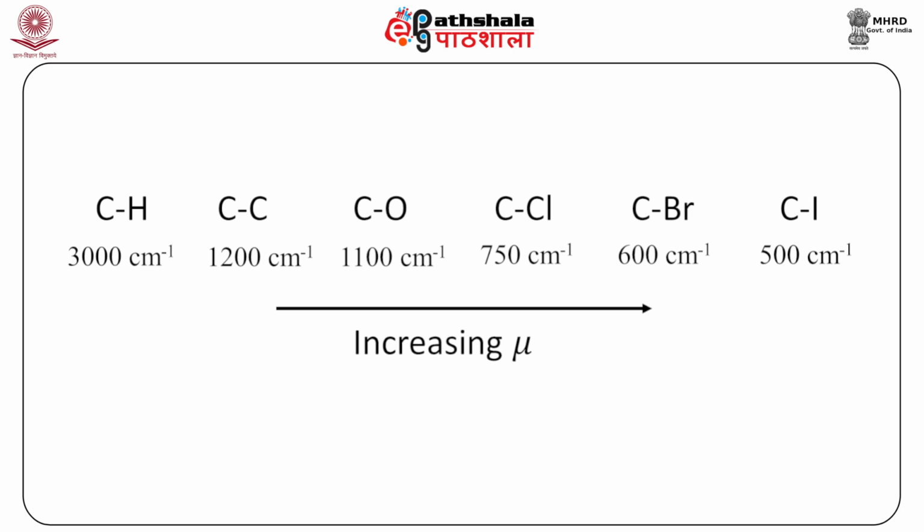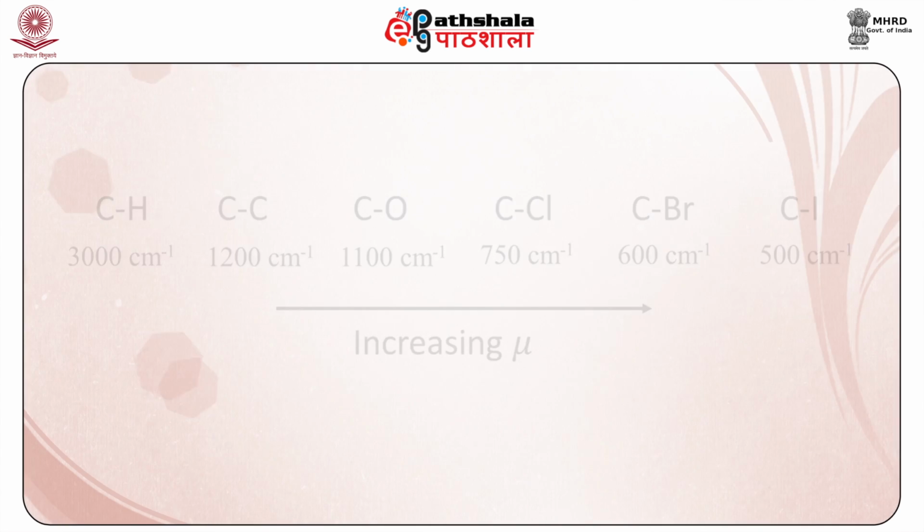Now you can see that for the C-H bond, the wave number becomes 3000 centimeter inverse, then 1200 centimeter inverse for carbon-carbon. For carbon and oxygen linkage, it is 1100 centimeter inverse, and for carbon and chlorine, it is 750 centimeter inverse. So with increasing mass, the wave number decreases because they are inversely proportional to each other according to Hooke's law, as I have already told you.